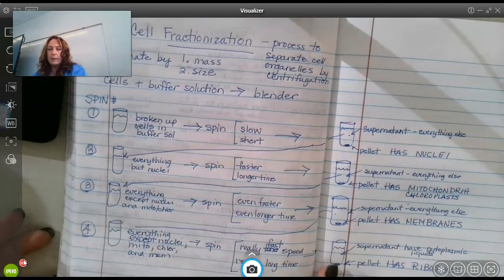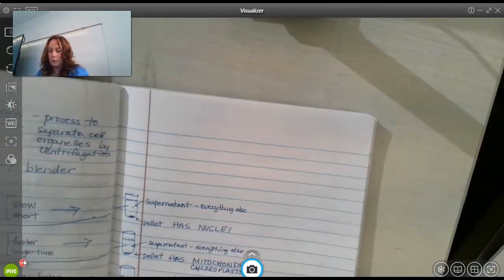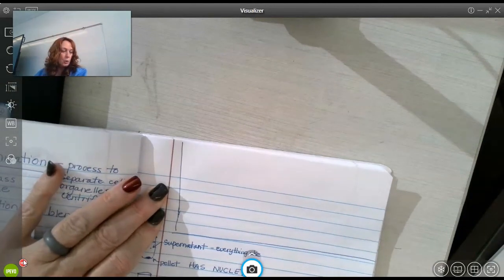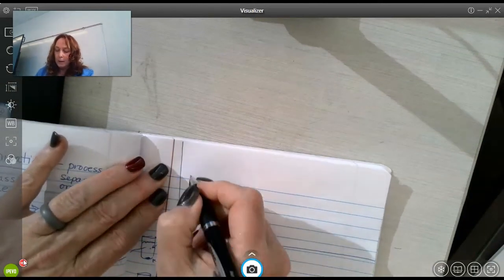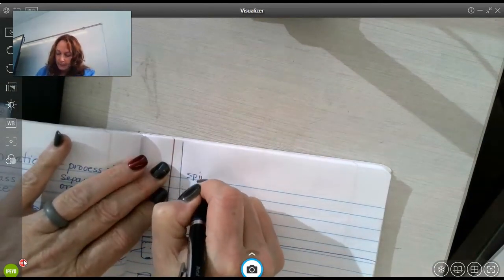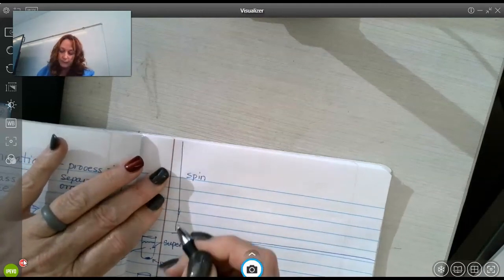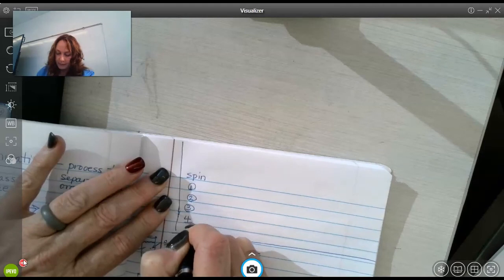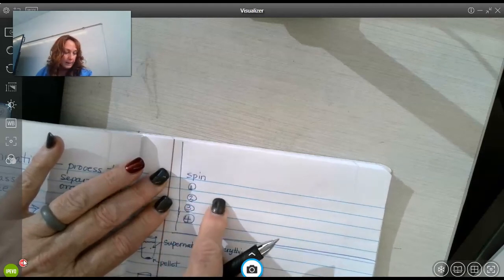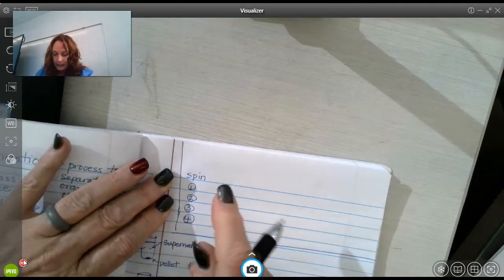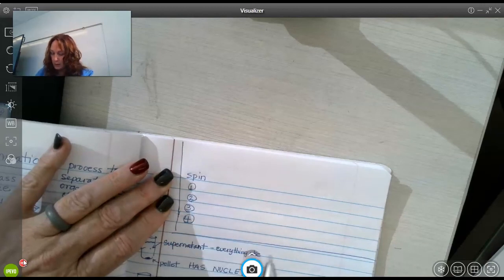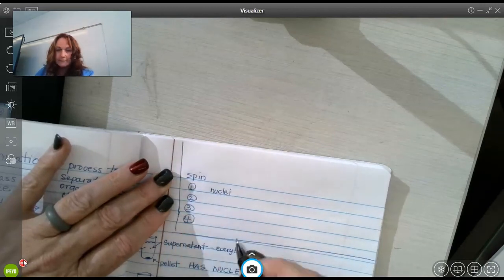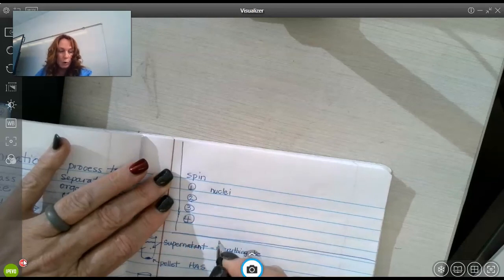But let's summarize what we found, and I'm going to put it right here. Here's my spin. I had 4, right? 1, 2, 3, 4 spins. Spin 1, this is where I would get the nuclei. That's what you get after spin 1.